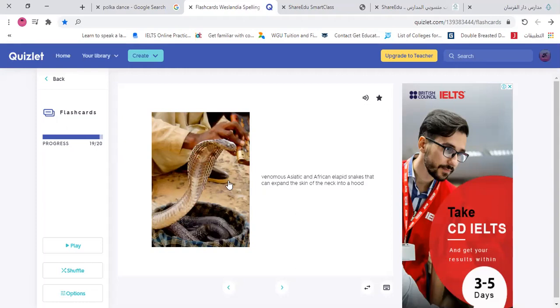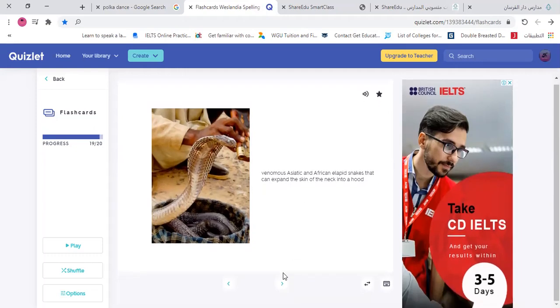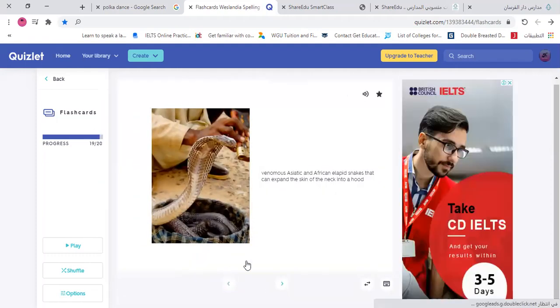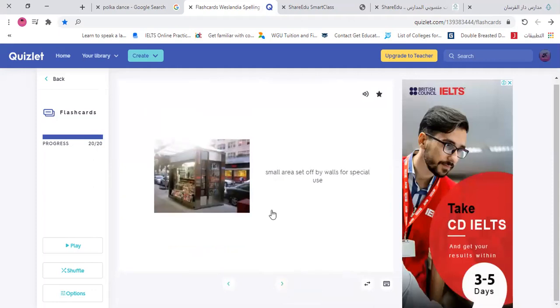And then it goes very, very fast to hit its victim. Cobra. And the origin of the word cobra, my girls, comes from the Portuguese language.